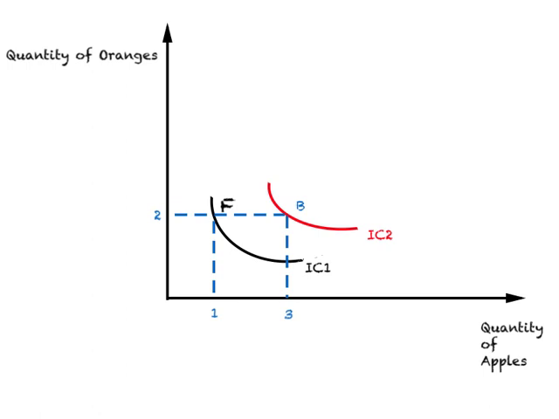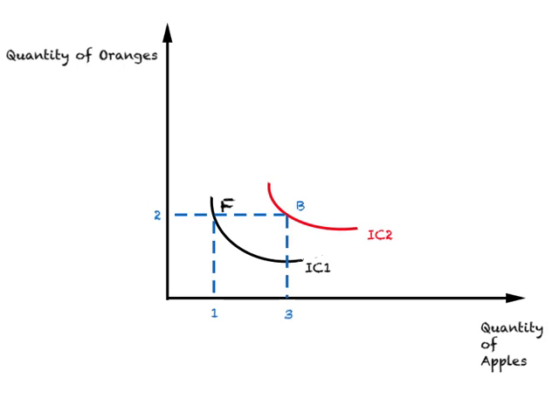Why does this happen? Look at the following. We have a point like B where you have 3 apples and 2 oranges. And then we have a point F which is on IC1, which is 1 apple and 2 oranges.